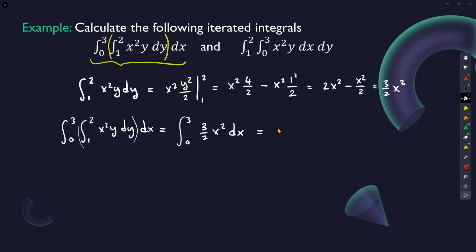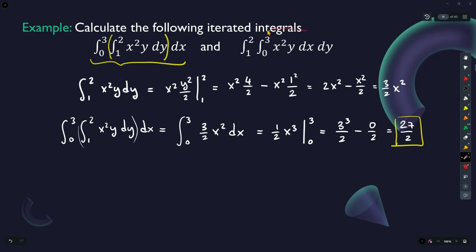So what I get is a half of x cubed, between 0 and 3. And at 3, that will be 3 cubed divided by 2. At 0 is 0 divided by 2. So what I get is 27 divided by 2 for my answer.